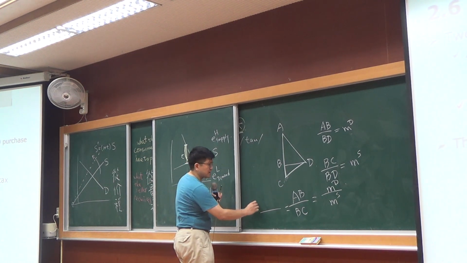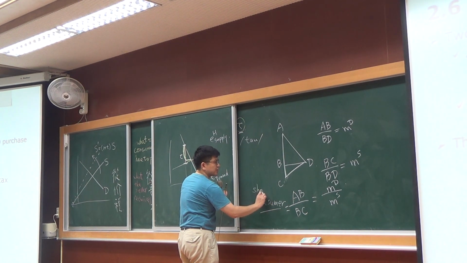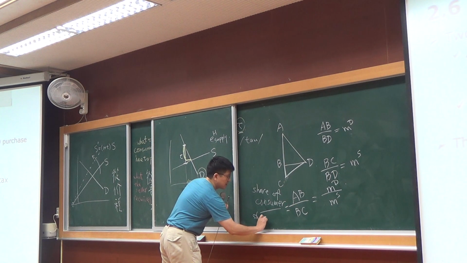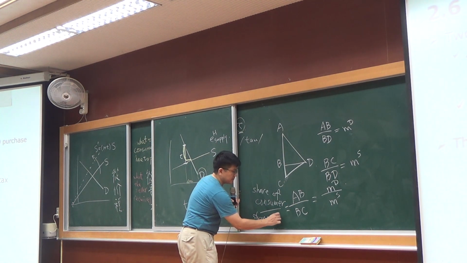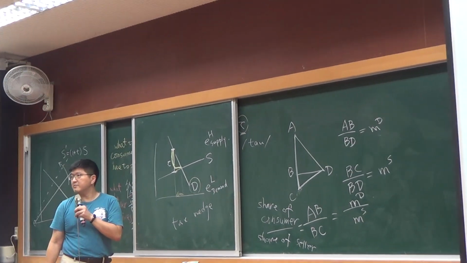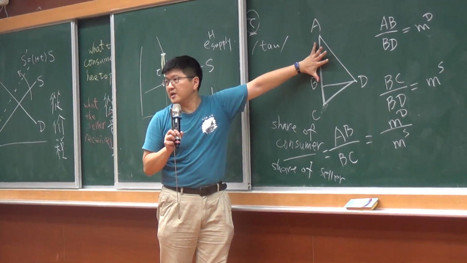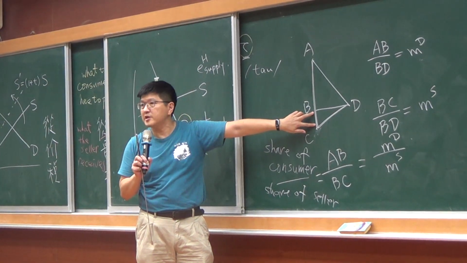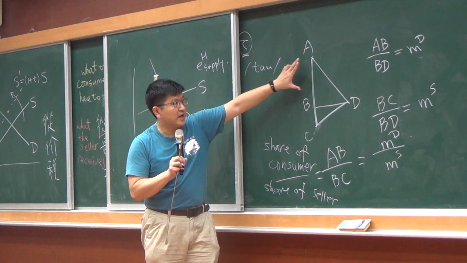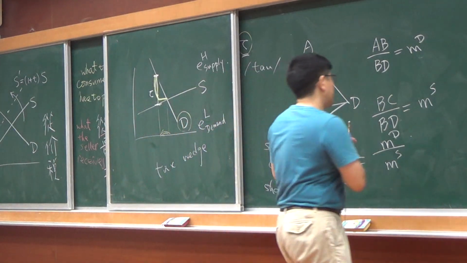This is the tax share of the consumer, and the tax share of the seller in the denominator, right? The proportion that is shared by the consumer, the proportion that is shared by the producer. Is that clear? Which is what we call AB to BC. Is that right? Okay?